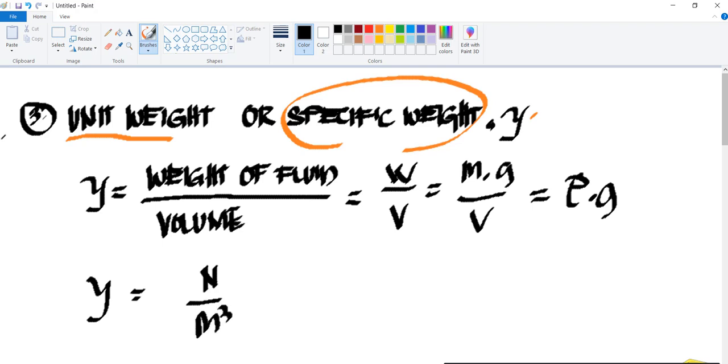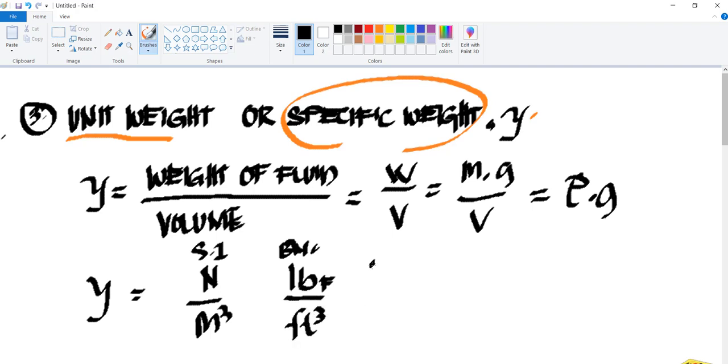That will be the unit of specific weight, for SI. Now for English, it will be pound force per cubic feet, or let's say pound force per cubic inch.